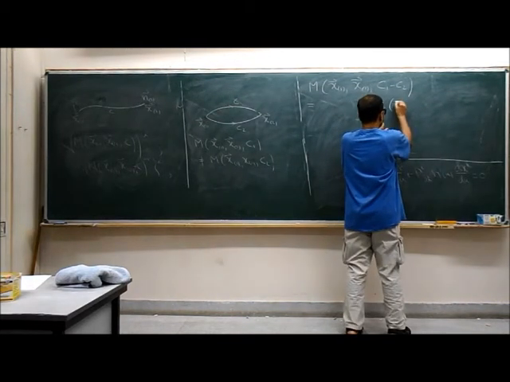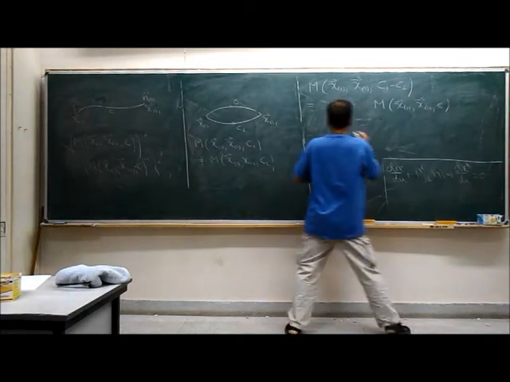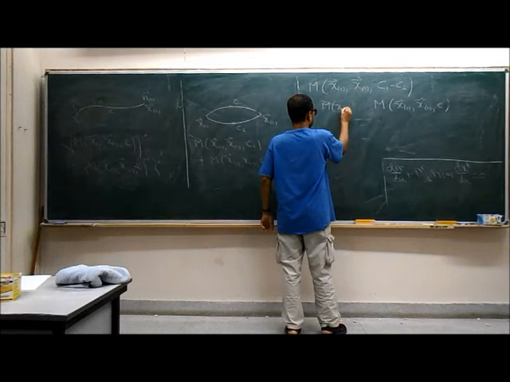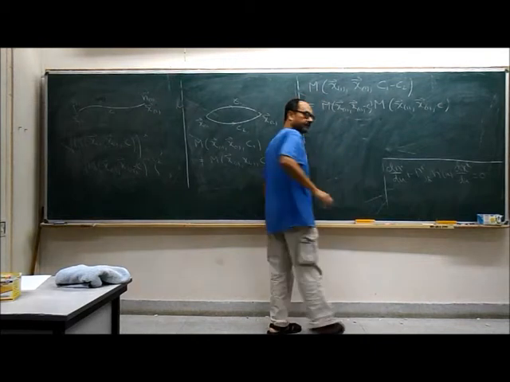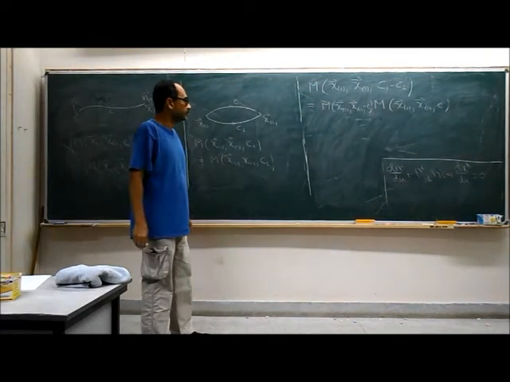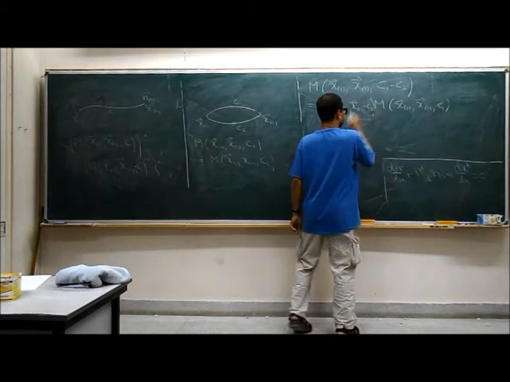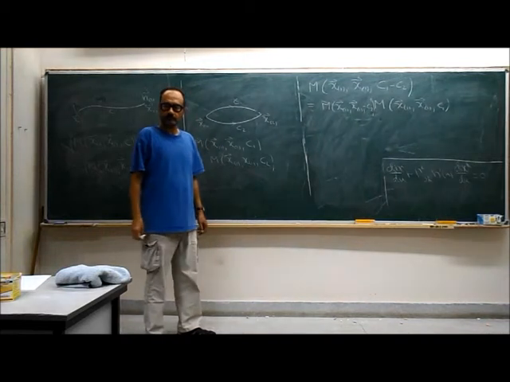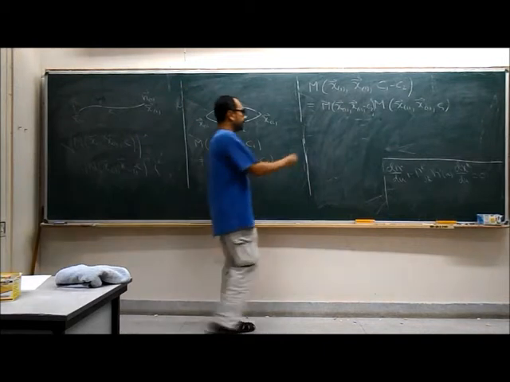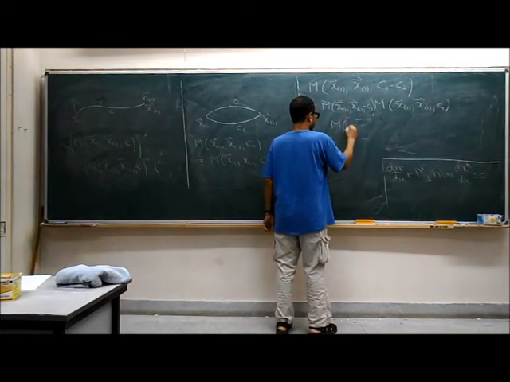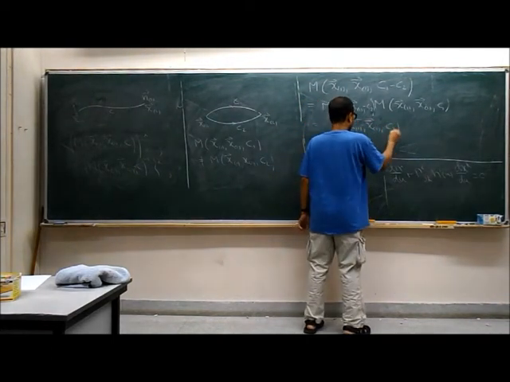So M(x1, x2, C1), and then M(x2, x1, minus C2), sorry, C1 minus C2. But this is nothing but M(x1, x2, C2) inverse.